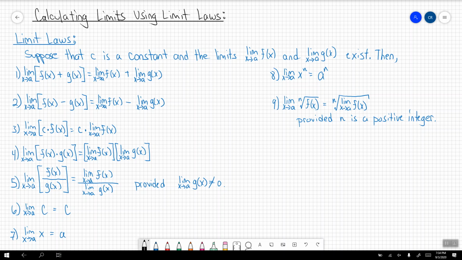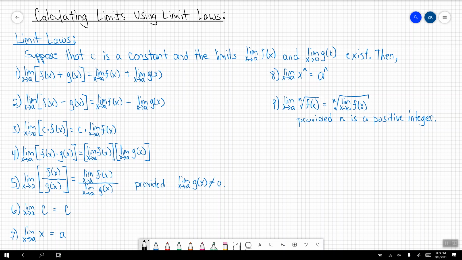start off by saying, suppose that c is a constant and the limit of f of x as x approaches a and the limit of g of x as x approaches a exist. So again, we don't need to know what they are, we just need to know that they exist. Then the following happens.